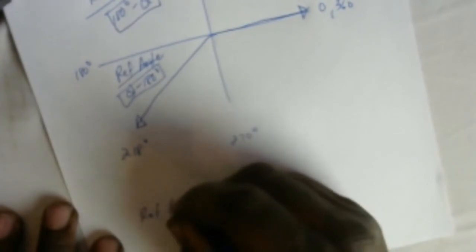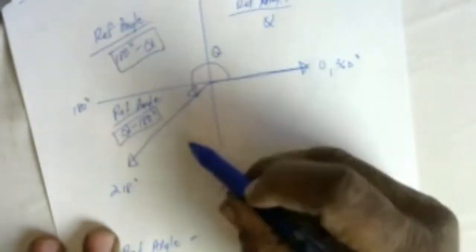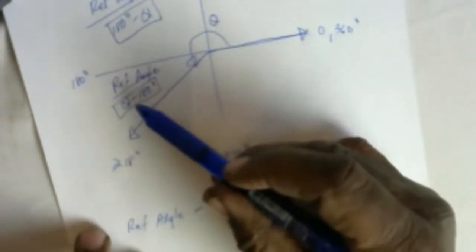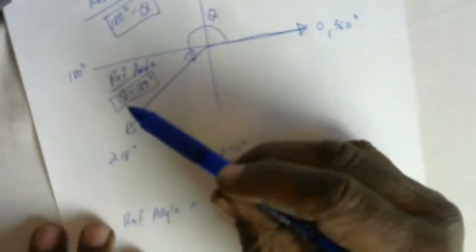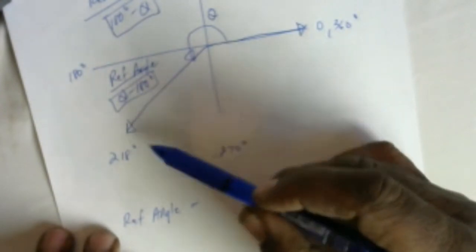So in order to find the reference angle, I'm going to take theta, which is my 218 degree angle. It's in the third quadrant, so the reference angle formula is theta minus 180.